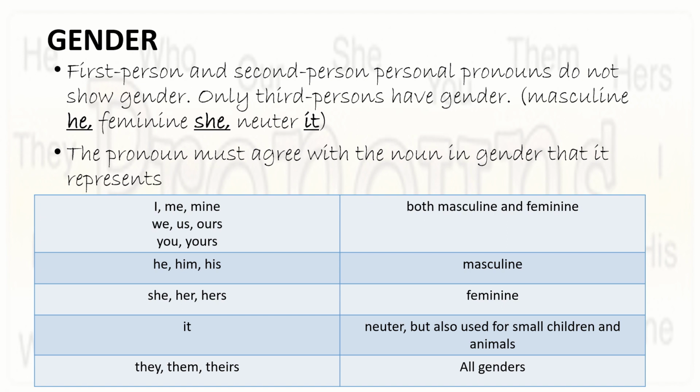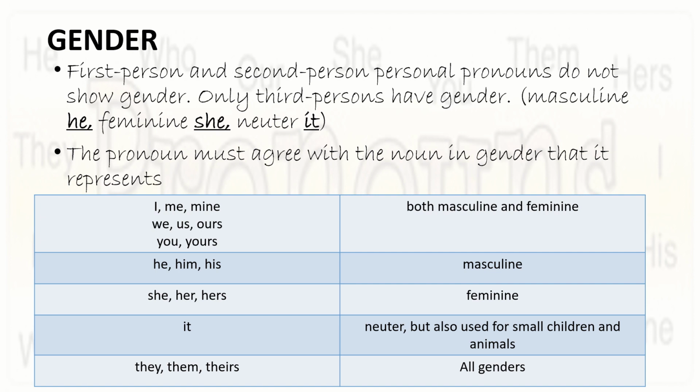When we are talking about the neuter gender, then we are talking about very young babies of people, all animals when spoken of in general, and all things. Okay? So, it is used to show neuter gender. And then we have the common gender.